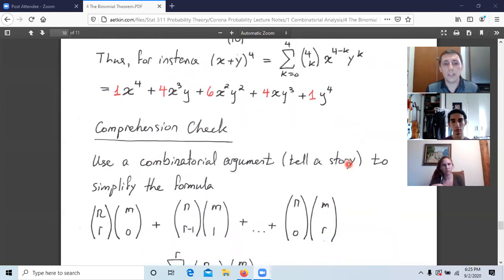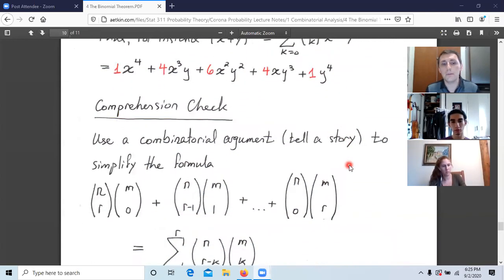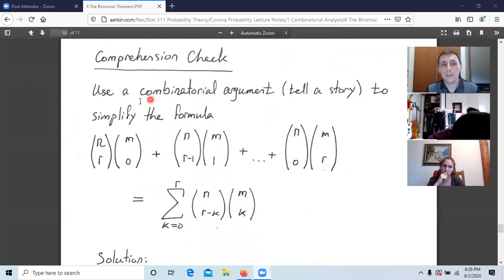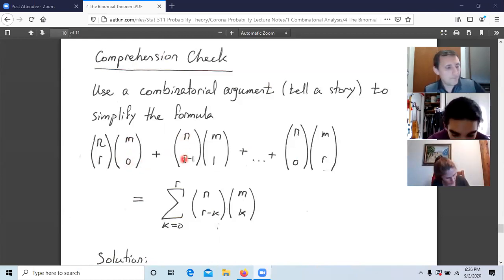All right, and here is possibly the question that somebody already anticipated. Guys, can you come up with a combinatorial argument for the following scenario? You have n choose r multiplied by m choose 0, plus n choose r minus 1 times m choose 1, and all the way until it's n choose 0, right?